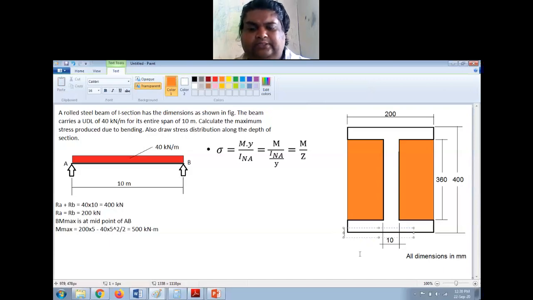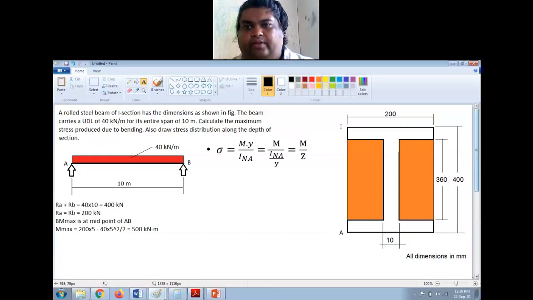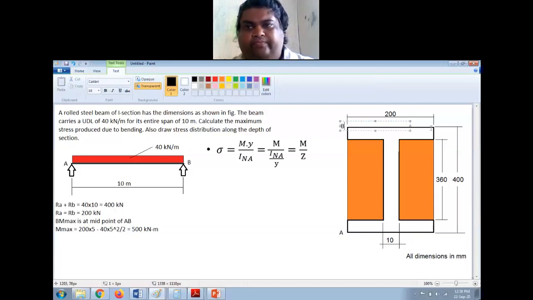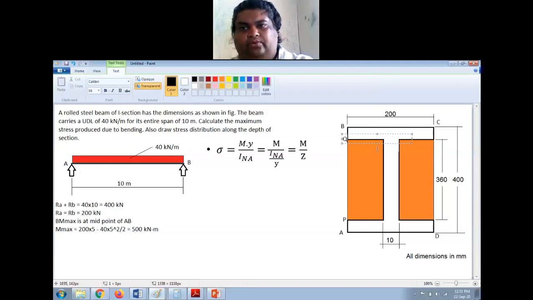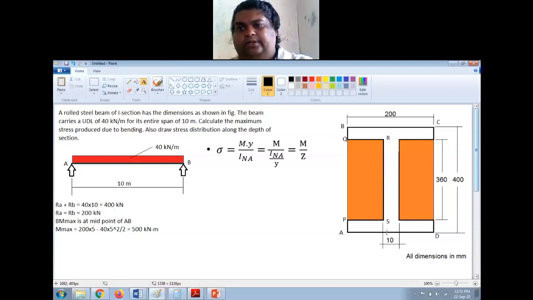So I will call this A, B, C, this as D, and this I'll call P, Q, R, S, right? This is also of same size, so I don't have to do it again.